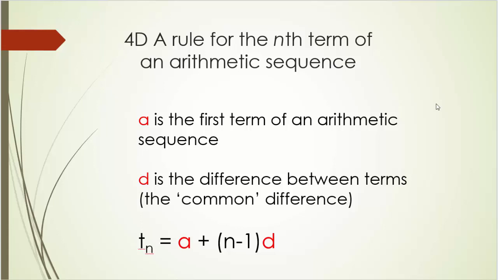So if you wanted to find T1000, you put in the first given term for a, and then add 1000 minus 1, which is 999, times the difference, which makes sense. You've got the first term plus 999 of the following terms. That will obviously give you the 1000th term.